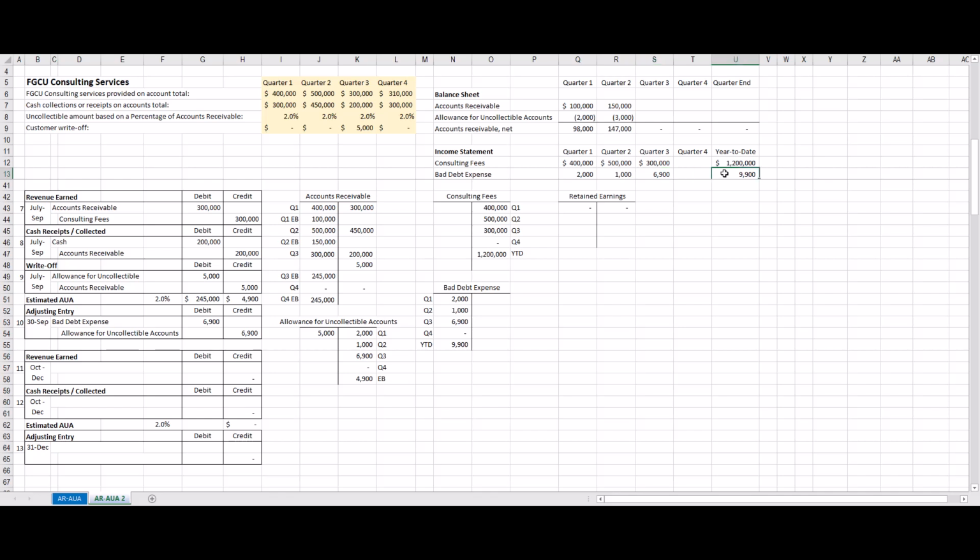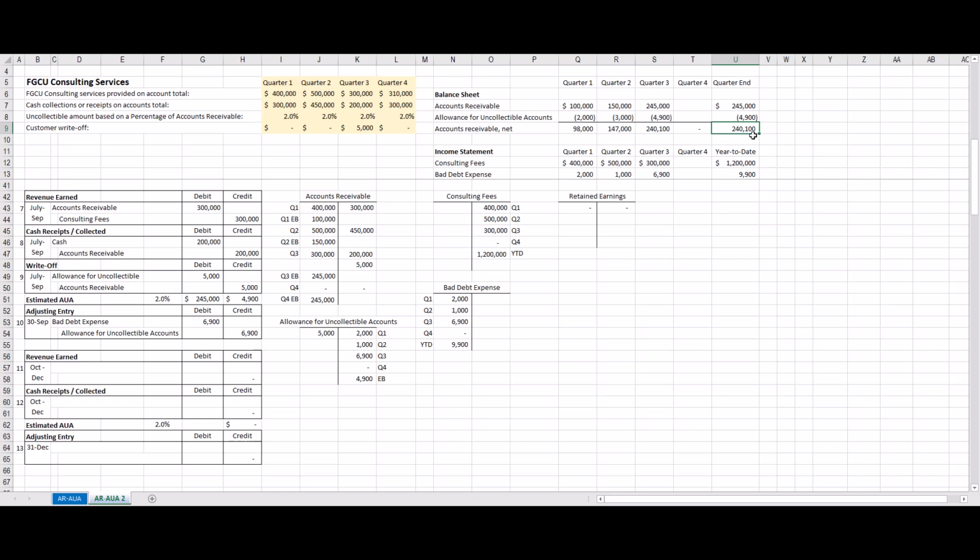The balance sheet reports accounts receivable net of $240,100, as accounts receivable totaled $245,000, and the allowance for uncollectible account balance is now $4,900. $245,000 of accounts receivable minus the allowance for uncollectible accounts of $4,900 is $240,100.